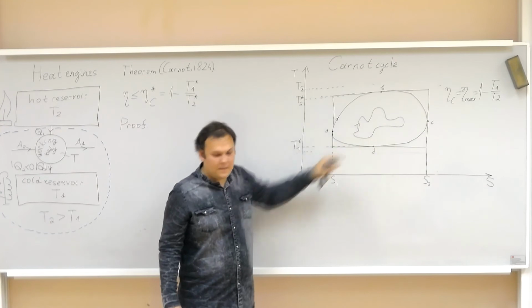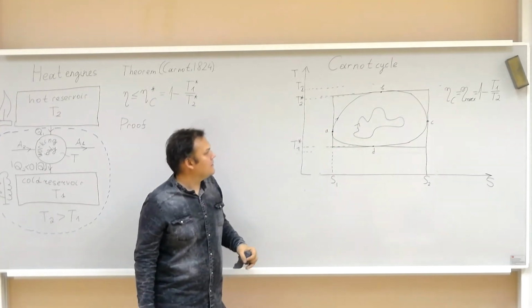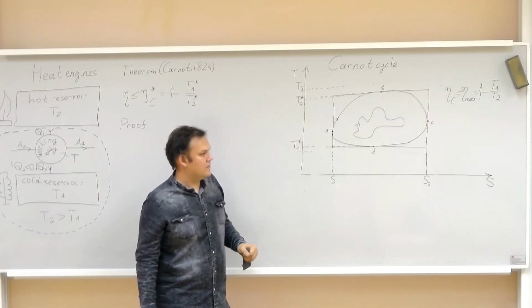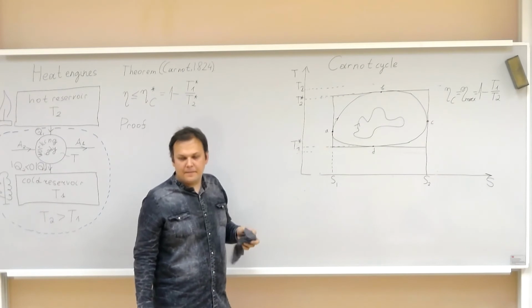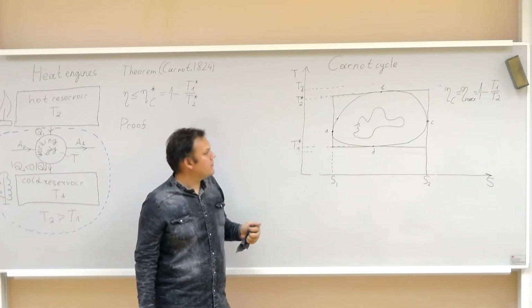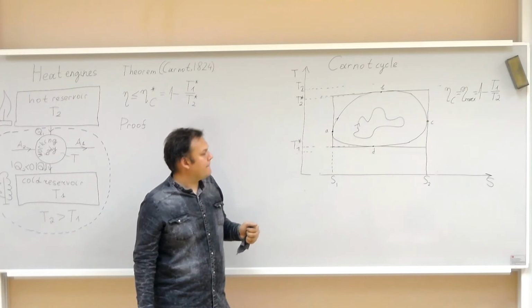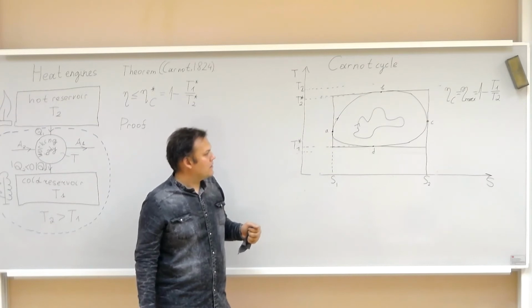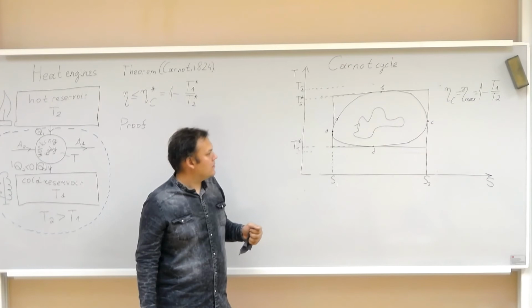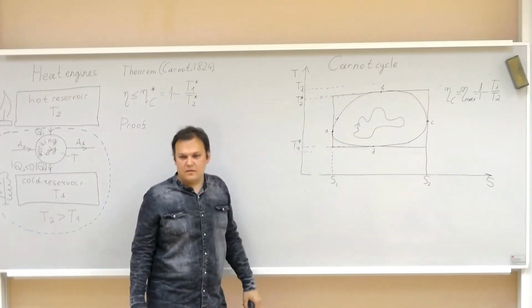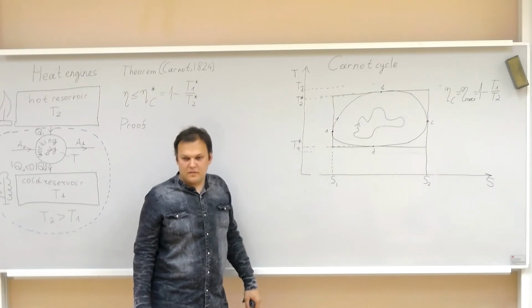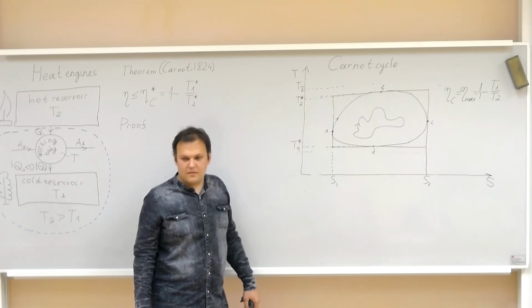Okay, a part of the difference between temperatures goes to the work? What did you say? We have some value, the difference between T1 and T2 in the new cycle, and the difference between T1 and T2 of the cold reservoir and hot reservoir.